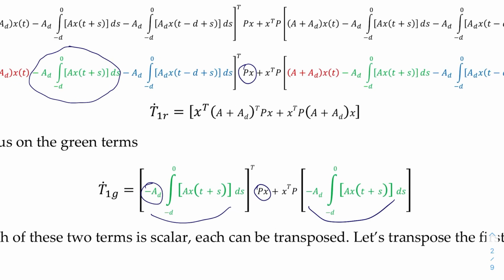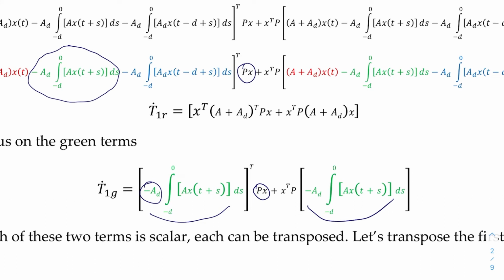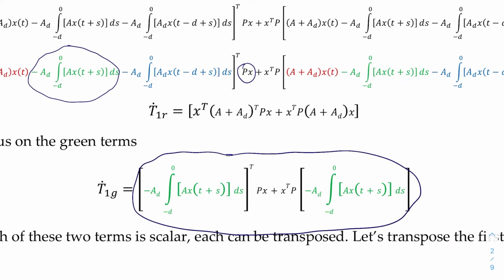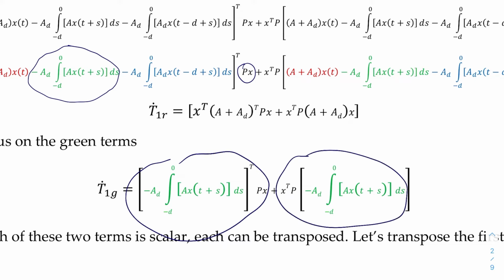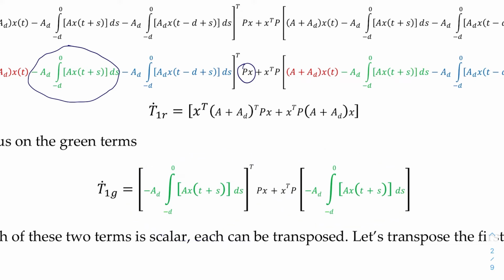However, there is something that we need to keep in mind. V of x is scalar, we know that. And V dot of x is also scalar. We know that this whole term is scalar, and in addition to that, this term is scalar and this term is scalar. And since there's a kind of symmetry between them, we can consider that.